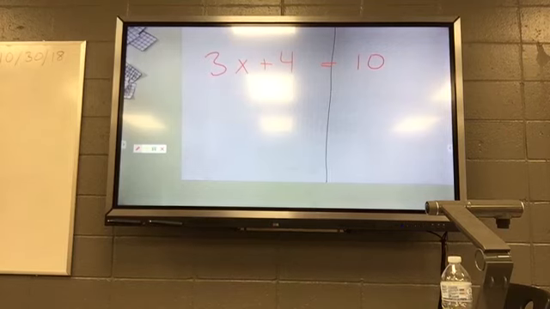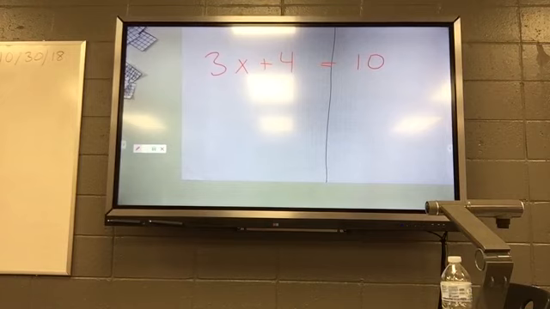All right, this middle section, get ready to show me negative 6 equals 2x minus 4. You guys can finish that one up or just wait. You guys should be doing 3x plus 4 equals 10. Emma, so you have the 2x, and you have minus 4.